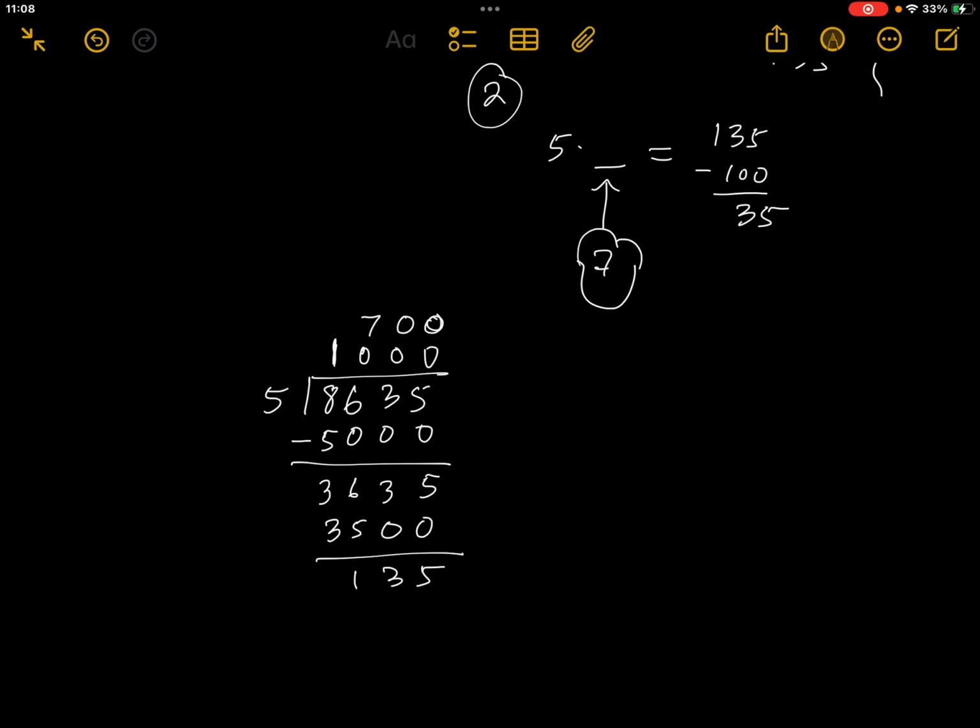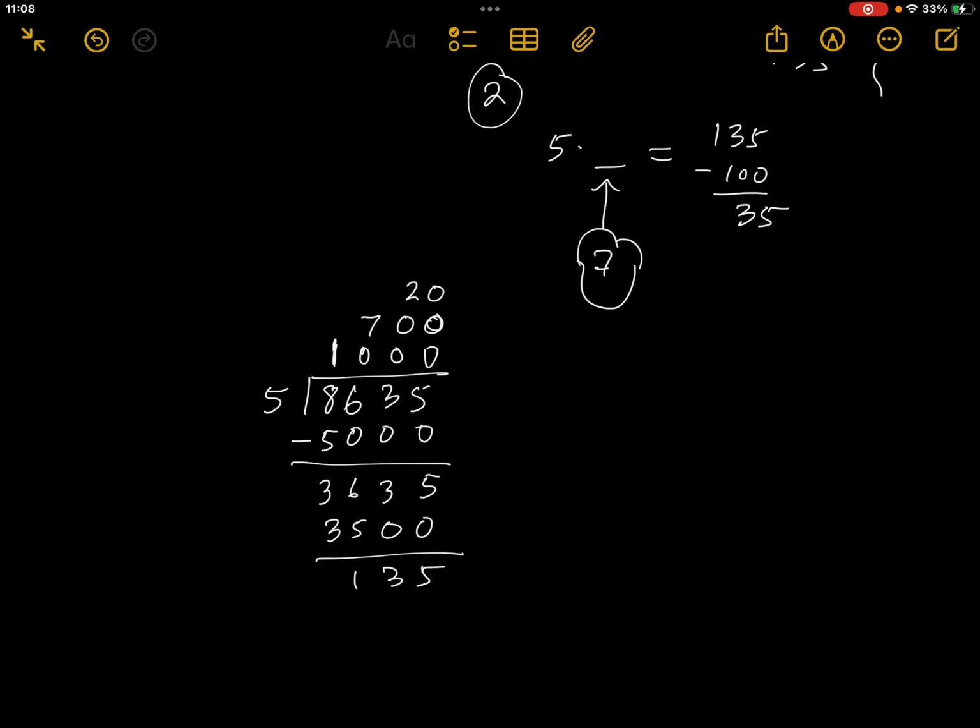Now I ask, how many tens can I get in groups of 5? So 5 times 1 multiple of 10 will be less than 135. It's going to be 20, right? That's the multiple of 10, such that when you multiply by 5, you get less than 135.